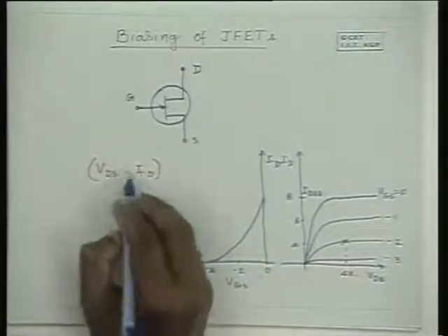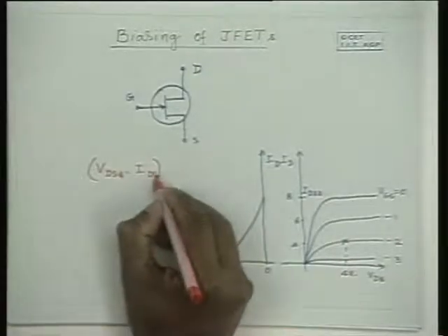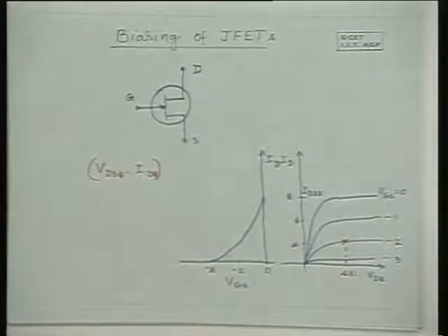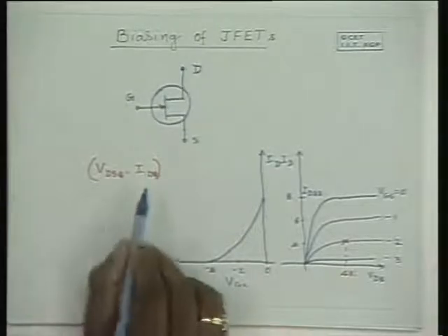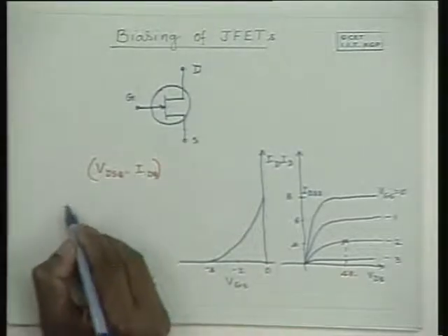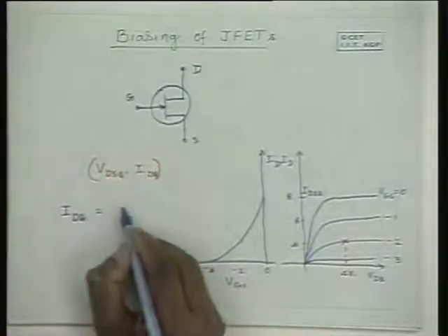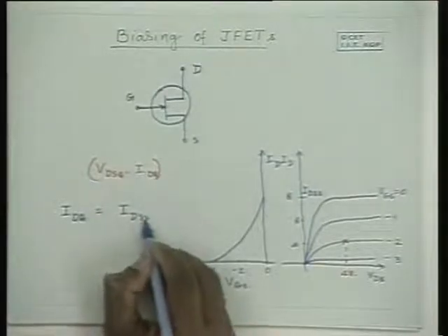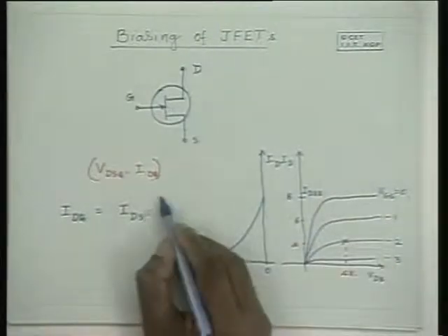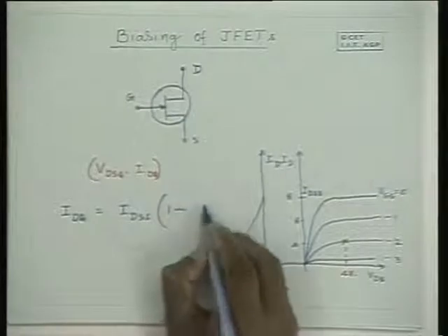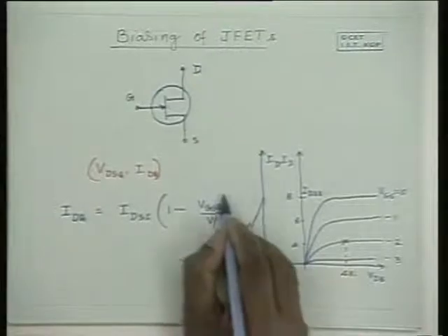Let me write it as VDS Q to indicate the quiescent point, and this is ID Q. Now the VGS Q is obviously dependent on VDS Q and ID Q, and the relationship is known: ID Q is given by IDSS, that means the drain current for zero gate to source voltage, multiplied by 1 minus VGS Q divided by VP, whole square.